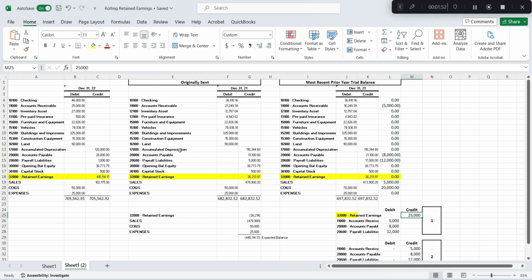So now I have an amount that should agree in my retained earnings. Just for the sake of this example, I'll double check as we credit $25,000. Ignore these sums. Obviously, I need to make the other adjustments, but $440,000 here, $440,000 there. We agree.